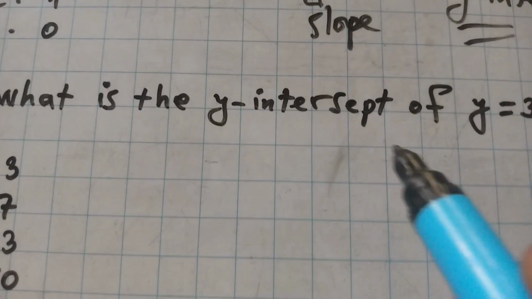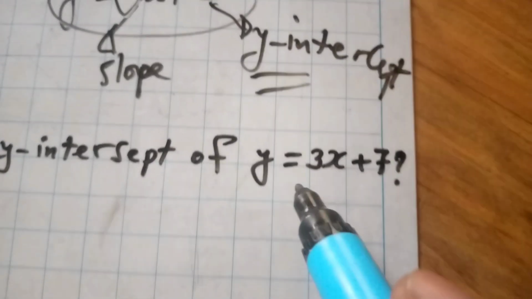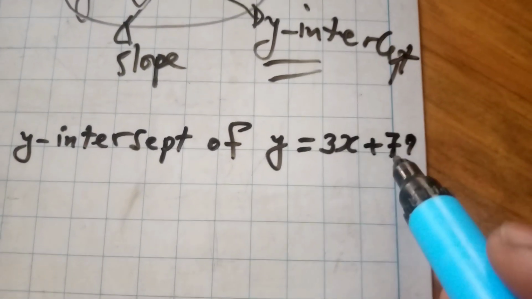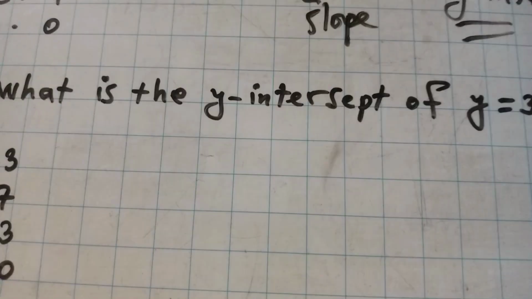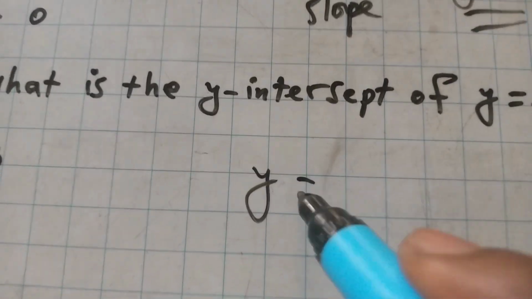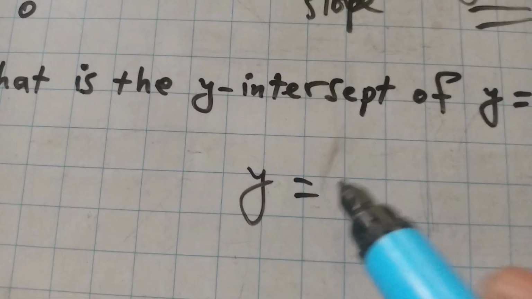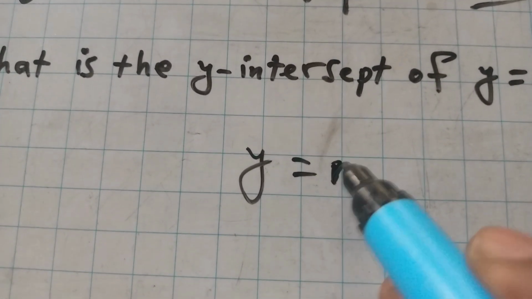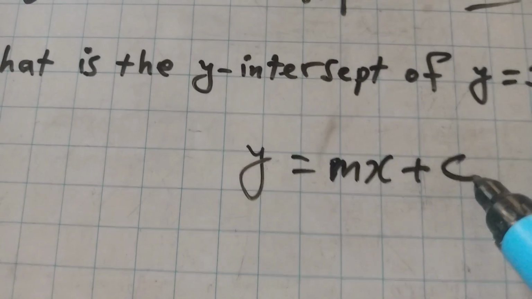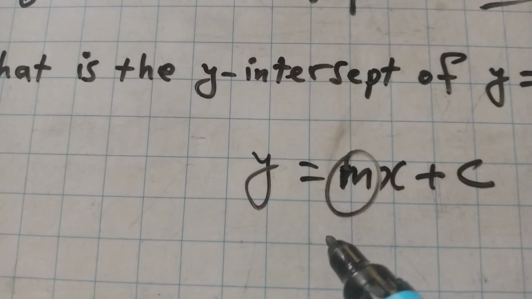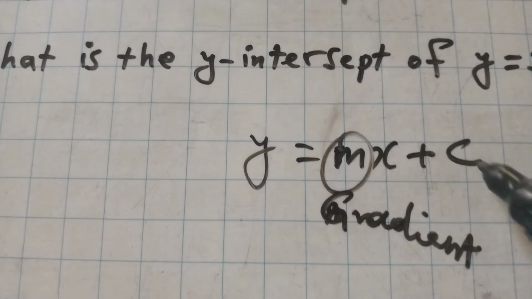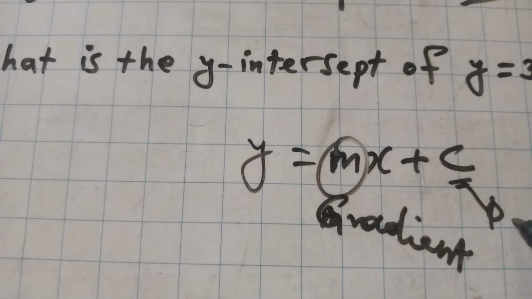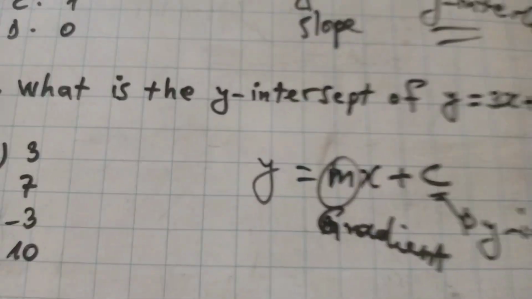Question number 3. What is the y-intercept of y equal 3x plus 7? I remind you that when you have the general equation of linear equation, y equal mx plus c, this m is the gradient, and this c is called the y-intercept.